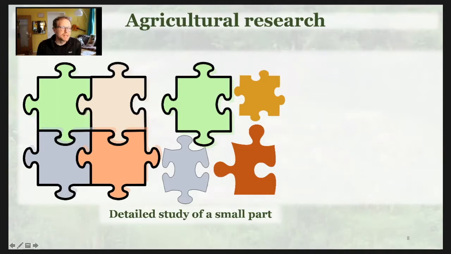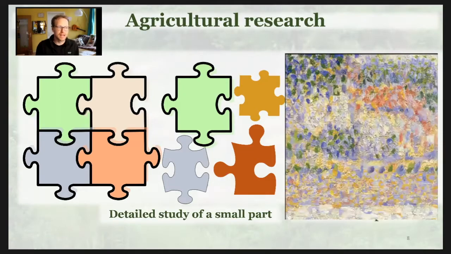So zooming in on these details is one way to look at it, or another way to look at it is to think more abstractly, to think about a system in its holism, right? To think about the whole system before we try to do a detailed study on a little piece. What this might look like when we try to zoom in, it may look like just a bunch of dots, right? This is divisionism, part of a painting of a post-impressionist artist, Seurat.